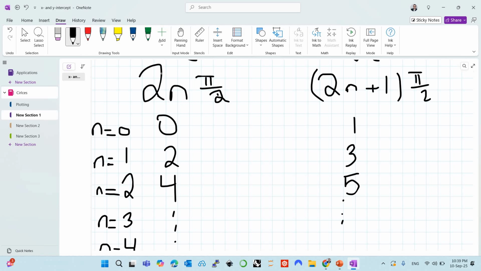As you can see, using 2n, this will give you even numbers.